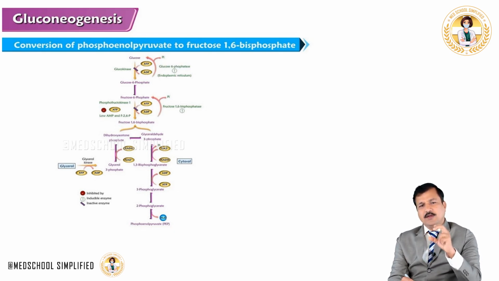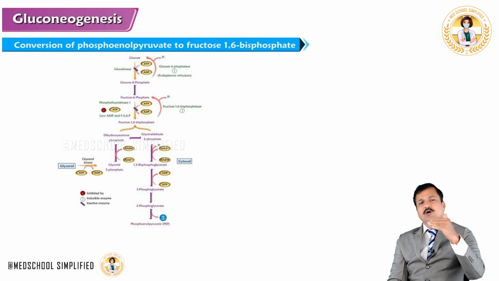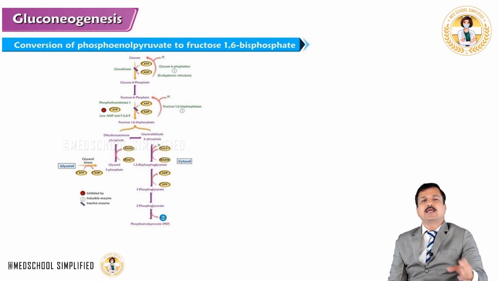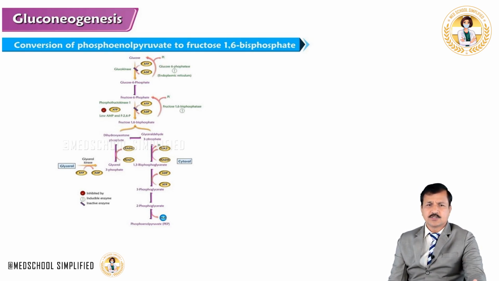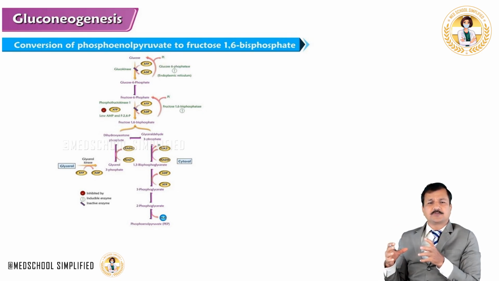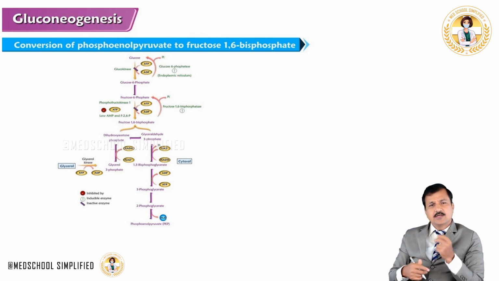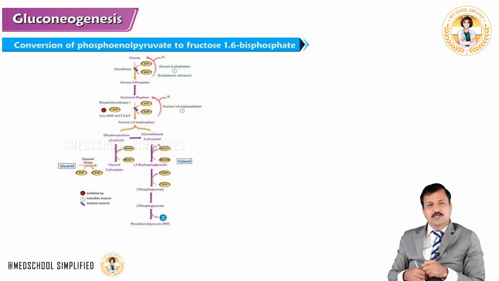Okay. So 3-phosphoglycerate goes into 1,3-bisphosphoglycerate by the phosphoglycerate kinase enzyme. 1,3-bisphosphoglycerate is converted to glyceraldehyde 3-phosphate, done by glyceraldehyde 3-phosphate dehydrogenase enzyme. So we got glyceraldehyde 3-phosphate there. Once you get glyceraldehyde 3-phosphate, if you are bringing 2 lactate or 2 alanine all the way here, you will have 2 glyceraldehyde 3-phosphate there.